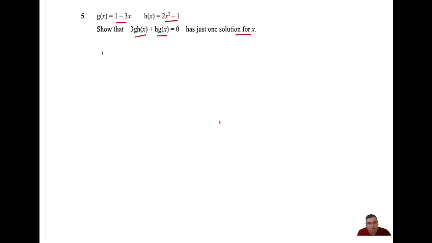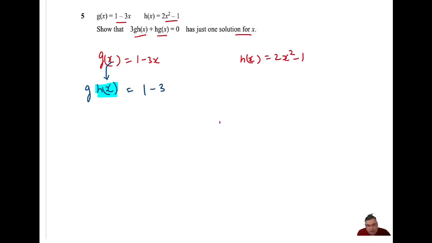First of all, we write down g(x) equals 1 minus 3x, h(x) equals 2x squared minus 1, right? Firstly, we find g of h(x). Here, instead of x, we are replacing with h(x). This step is important. So 1 minus 3 times 2x squared minus 1, right?